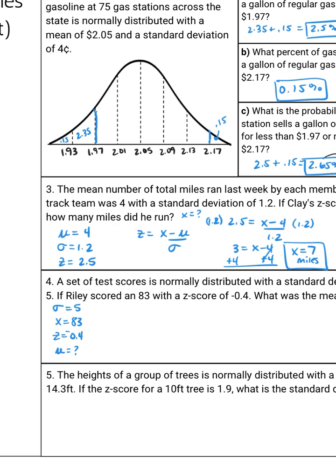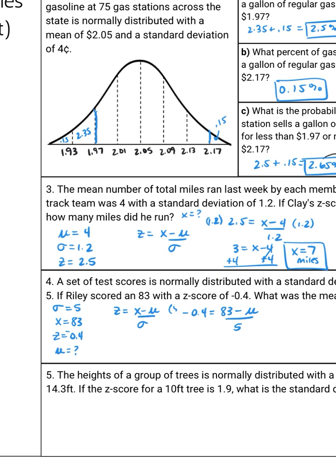So we're going to set that up again. So z equals x minus mu divided by sigma. So negative 0.4 equals 83 minus the mean divided by 5.